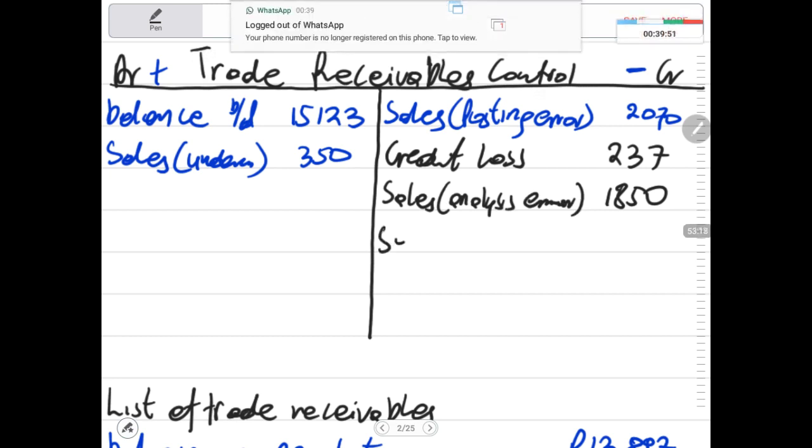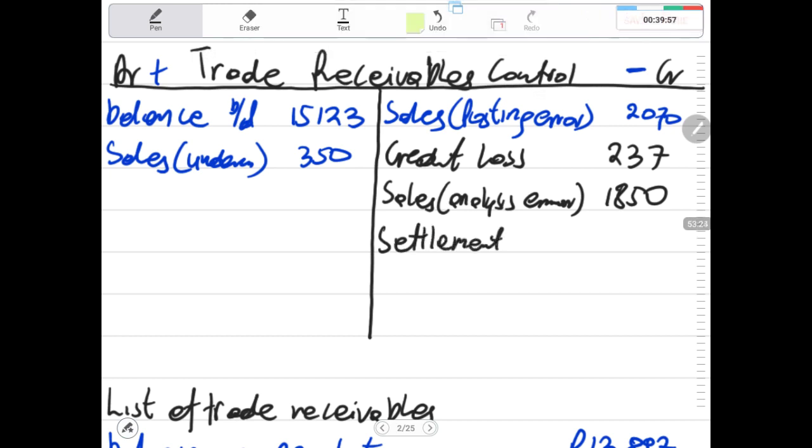Then we say settlement discount, we need to acknowledge the settlement discount. Remember, this customer was settling his account, and as he was settling his account, he was given a discount of 130, and the account amount that he was paying was 1,980.